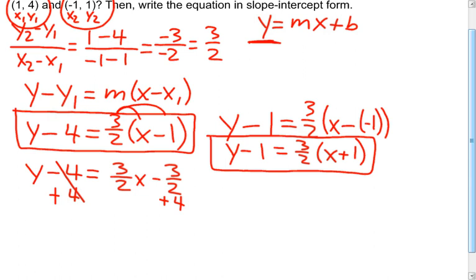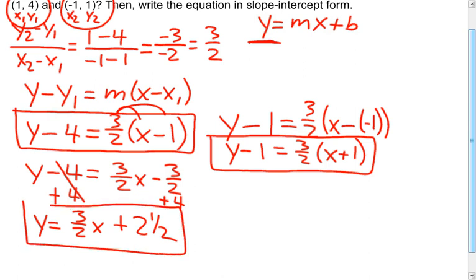I know we're going to have to do math with fractions. 4 minus 3/2. 3/2 is the same thing as 1.5. So 4 minus 1 is 3, minus another half is 2.5. That's what my equation would be in slope-intercept form.